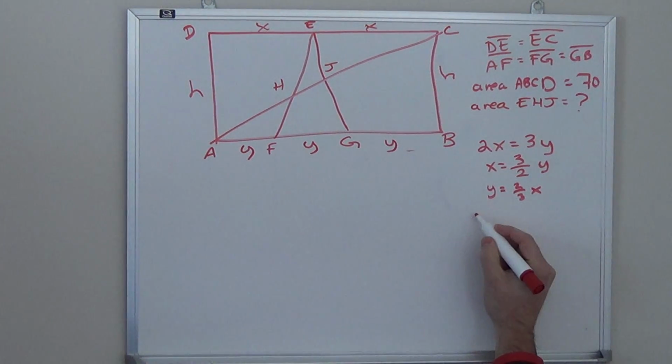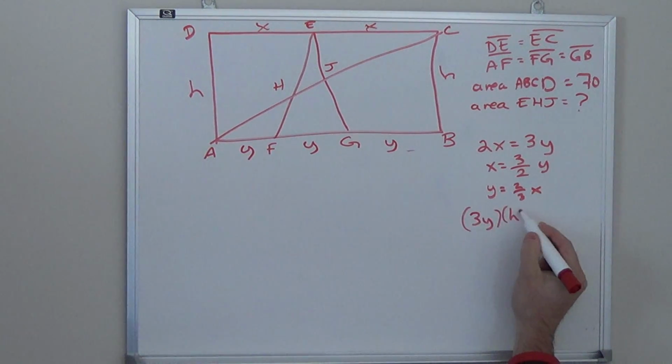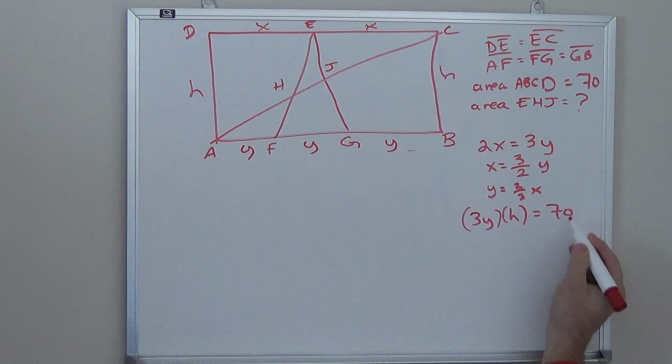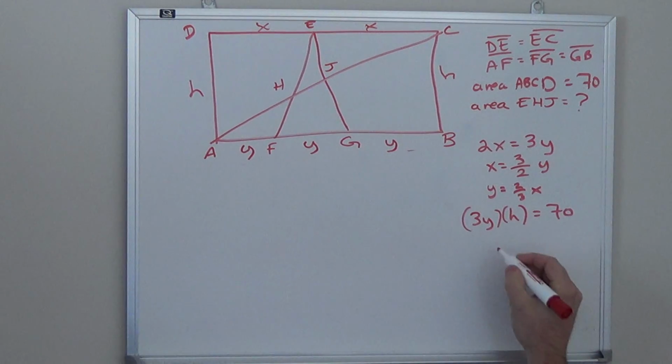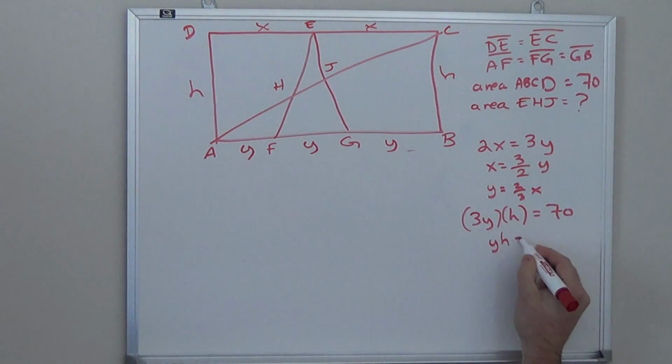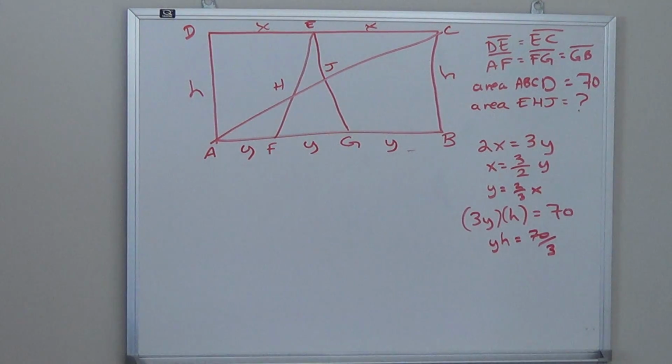So I'm going to say 3y times h is 70. And if I solve that, I'm just going to try to get some sort of relationship between y and h here. I'm just going to say y times the height is 70 over 3. So maybe we can use that. We'll have to see here.